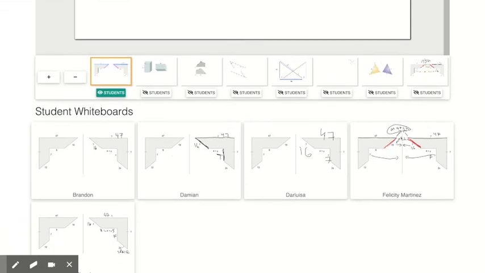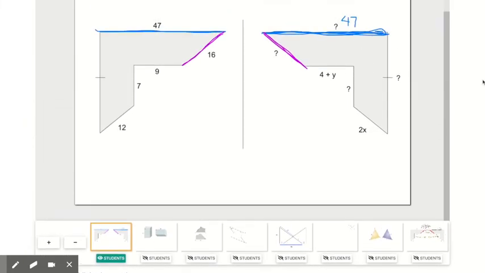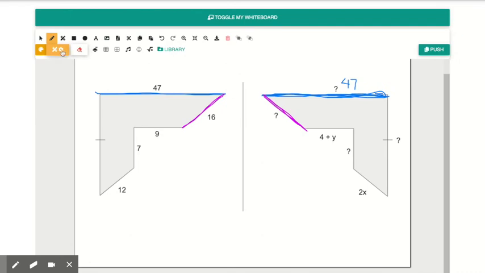I'm going to give everyone else a moment to kind of finish. I see that someone said that this side here was 7 right here. So we have this matching with this. So we have that. Someone said this is 7.